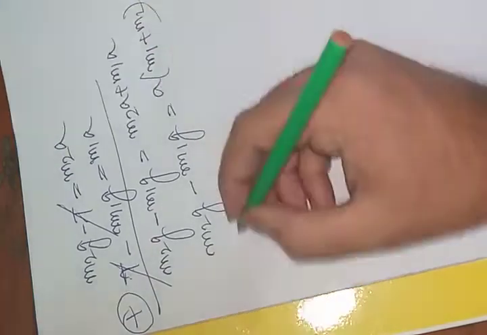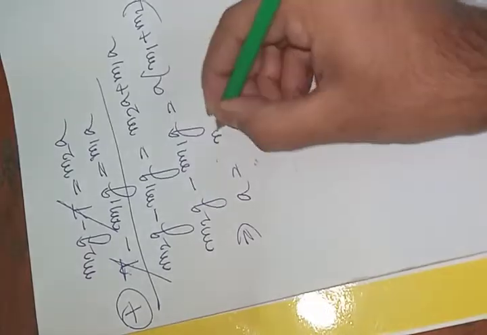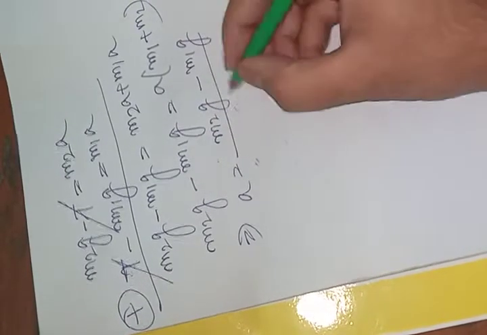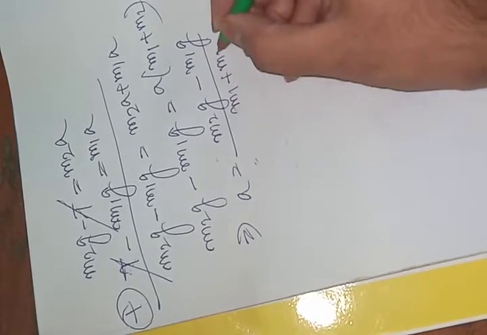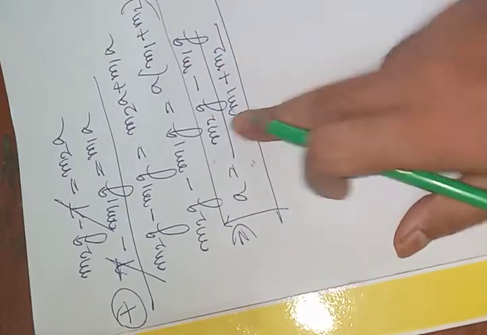So if you divide this by m1 plus m2, you will get a equals (m2g minus m1g) divided by (m1 plus m2). So that is the acceleration with which the two blocks will move upwards and downwards.